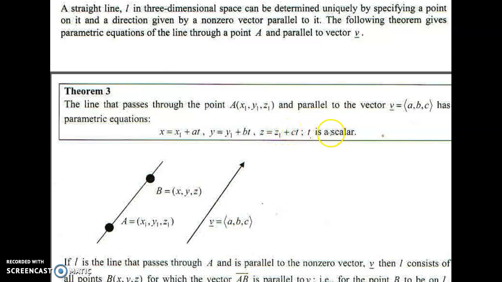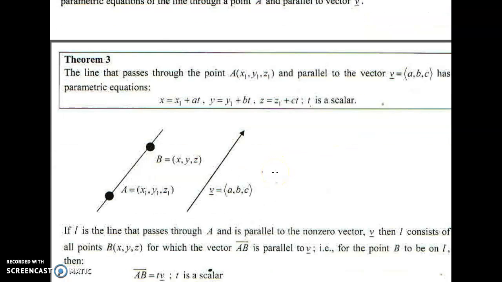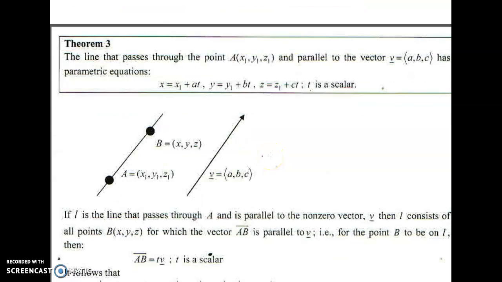Here t stands for a scalar, meaning a constant. Now we are going to see how they come up with this formula.